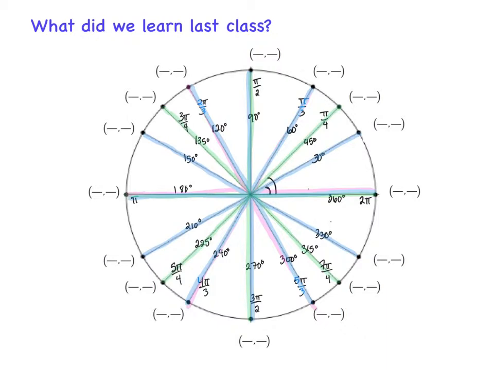As we go around, this is 1/6 of that top half, so pi over 6, 2 pi over 6, 3 pi over 6, 4 pi over 6, 5 pi over 6, 6 pi over 6, 7 pi over 6, 8 pi over 6, 9 pi over 6, 10 pi over 6, and 11 pi over 6.